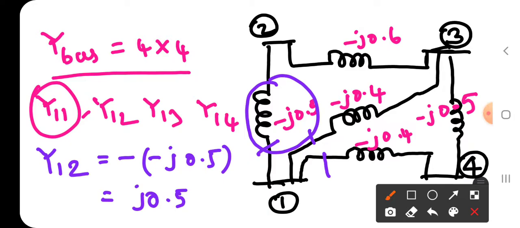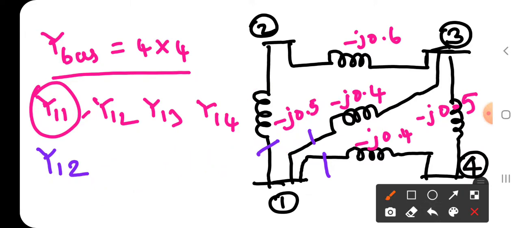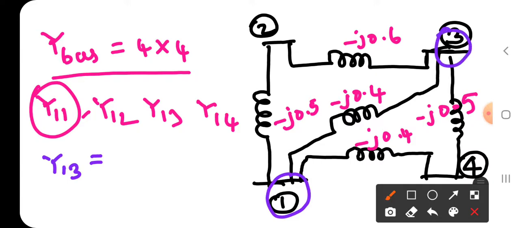Similarly, what is Y13? Y13 is between node 1 and node 3. Which element is connected? This is connected.